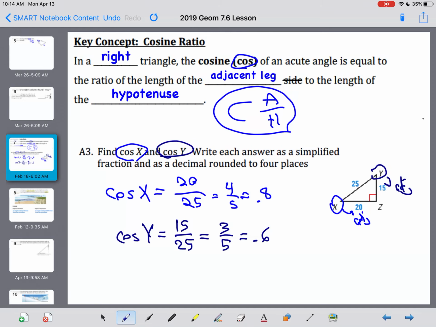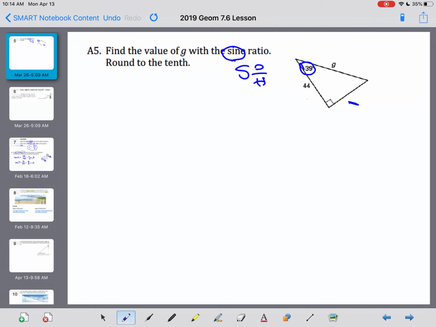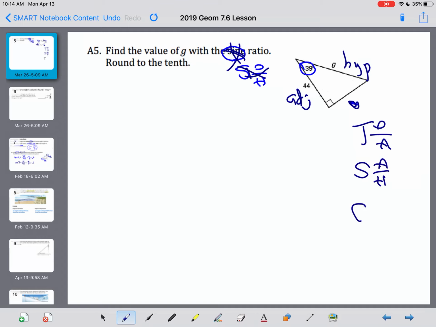Now if we go back to this problem here, we're actually not going to use the sine ratio because I have an angle, I have the adjacent leg, and I have the hypotenuse. So if I'm looking at tangent, sine, and cosine, the Pythagorean theorem doesn't work.